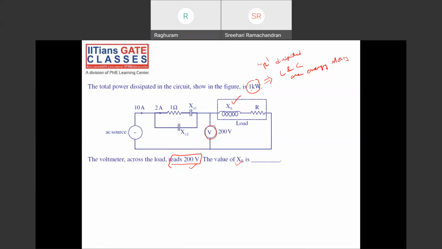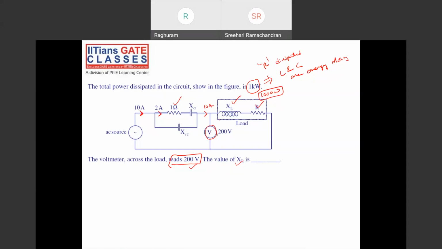So 1 kilowatt, or 1000 watts, is dissipated only in the resistors. Where are the resistors? This is one resistor and this is one resistor, right? A total of 10 amps is flowing here. Here it is 2 amperes, and here this will again be 10 amperes, right?